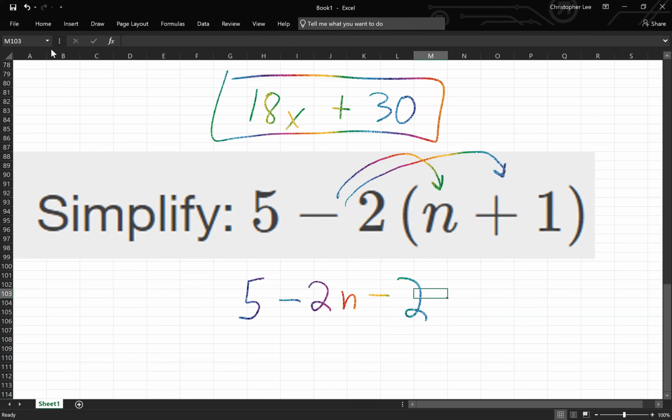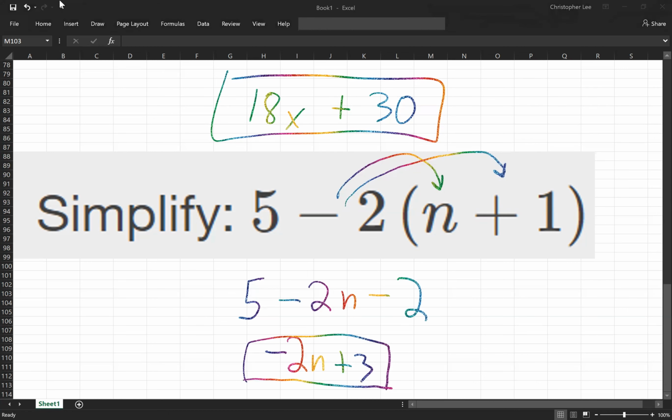Combine like terms, 5 minus 2 is just 3, so I have -2n plus 3. All right, any questions on this? Any questions at all?